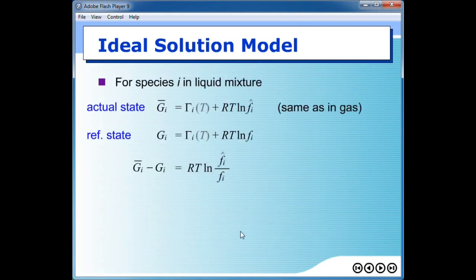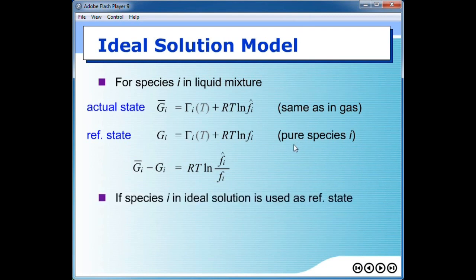Now, if we go back to what we derived earlier for the liquid mixture, in this equation we use pure species i as the reference state. If I change the reference state from pure species to ideal solution, we can do the same things as what we did for gas. Remember, in gas mixture, the reference state is ideal gas mixture.